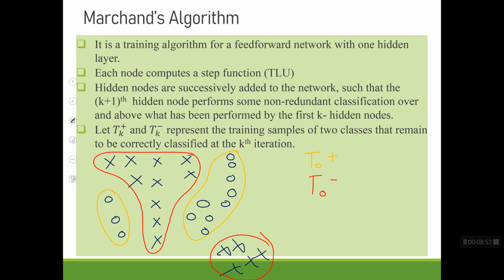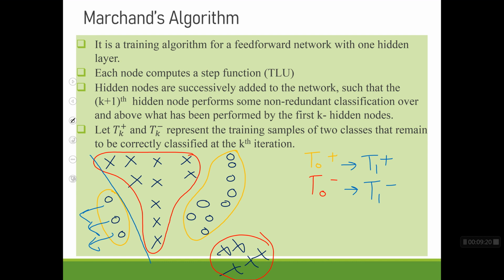After this line, these patterns were classified, and so my T0 got reduced. T0 plus will become T1 plus, and T0 minus will become T1 minus.